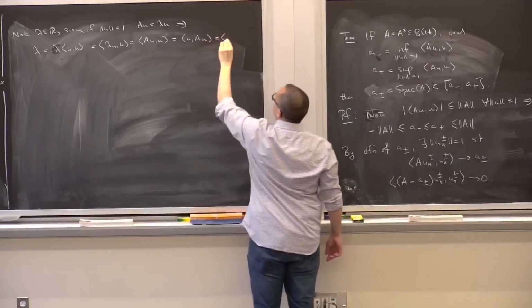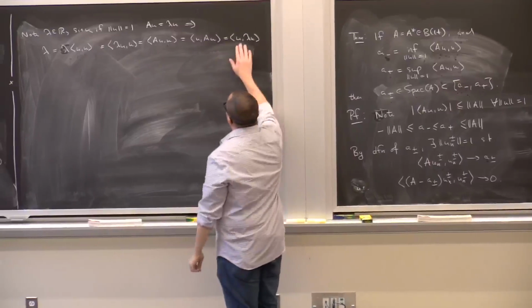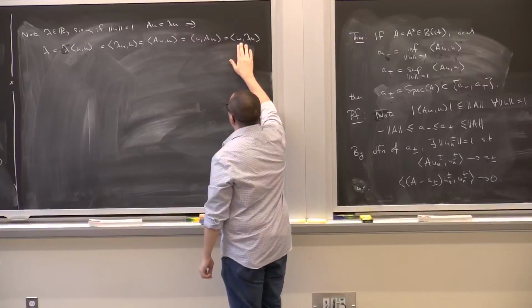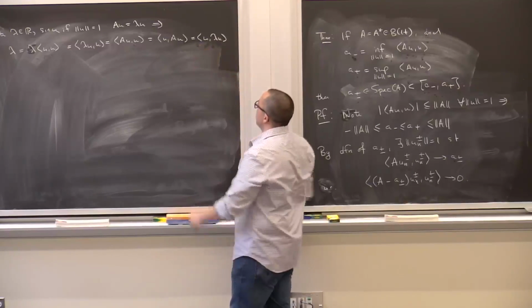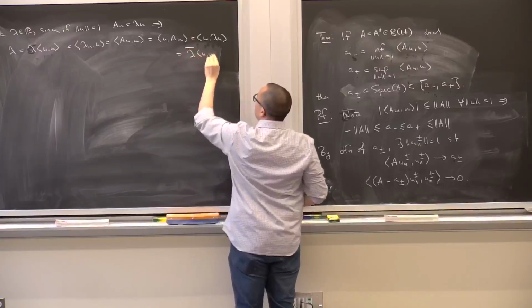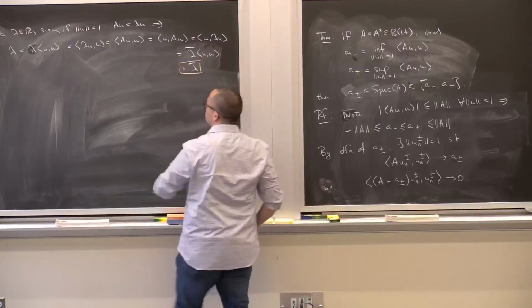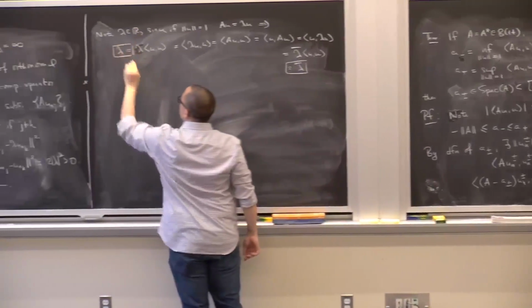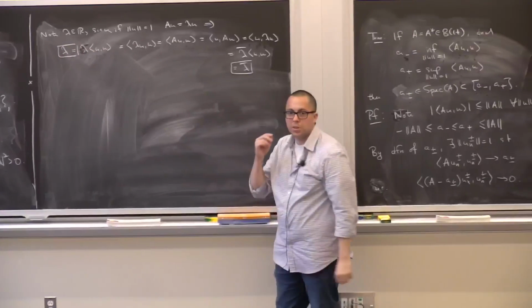And this is equal to the inner product of u with lambda u. And remember, inner products are conjugate linear in the second entry. So this lambda pops out, but now complex conjugate. So we've shown that the complex conjugate of lambda is equal to the original number, so lambda has to be a real number.